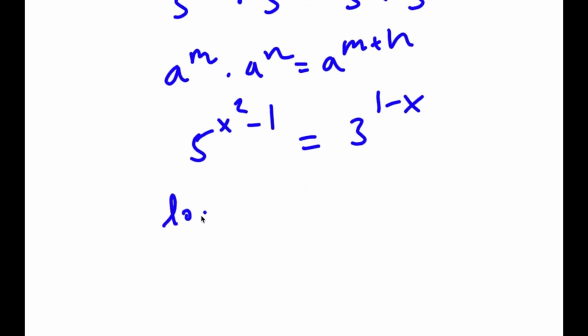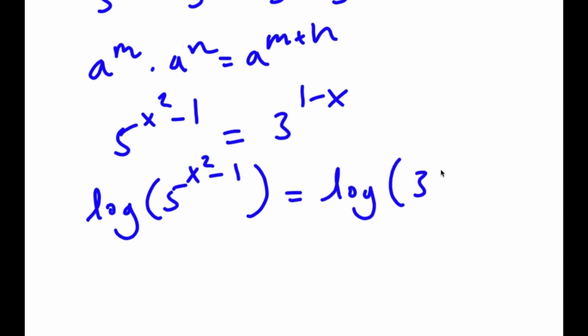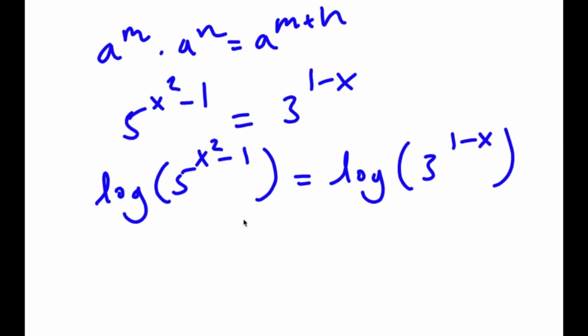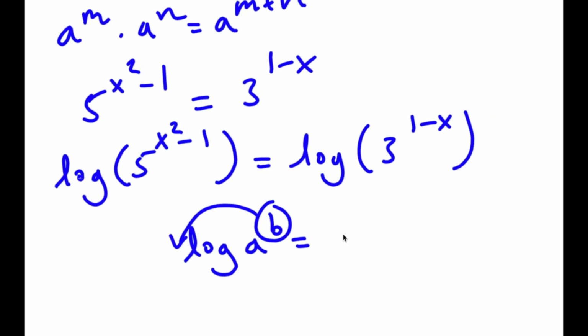Now I'm going to go ahead and take the log of both sides. So I have log 5 to the power of x squared minus 1 is equal to log 3 to the power of 1 minus x. And if I have something in the form log a to the power of b, I can actually move this exponent b to the front of the logarithm. So now I get b times log a.